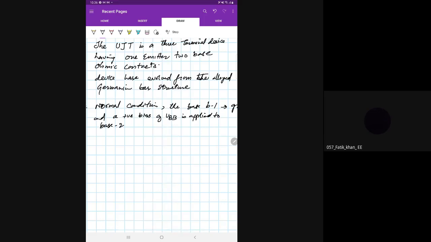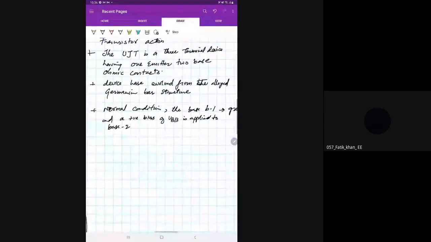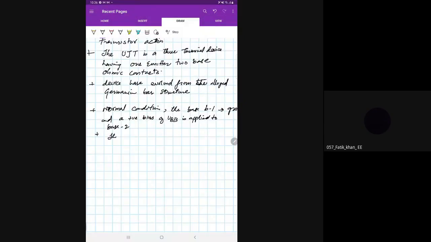Now see, the resistance between base 1 and base 2, that is B1 and B2, is designated by RBB.